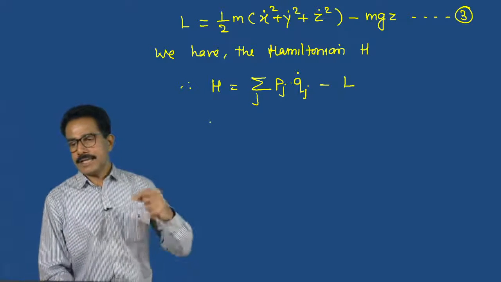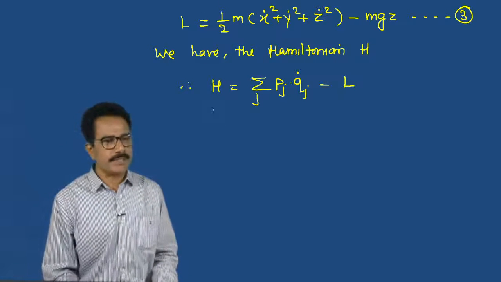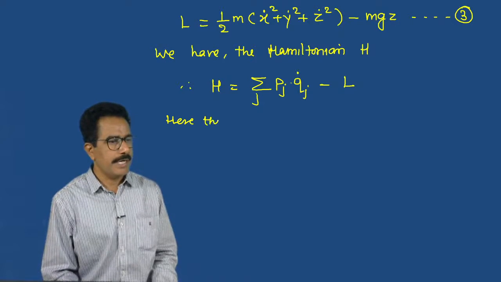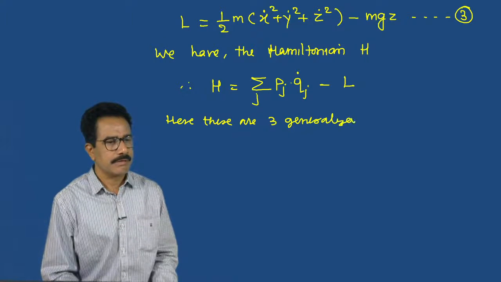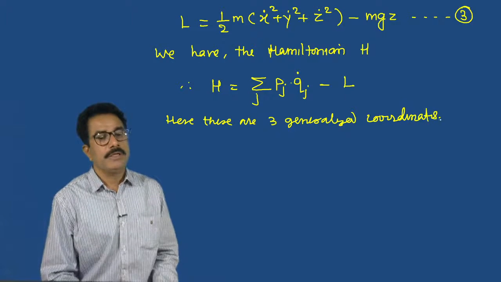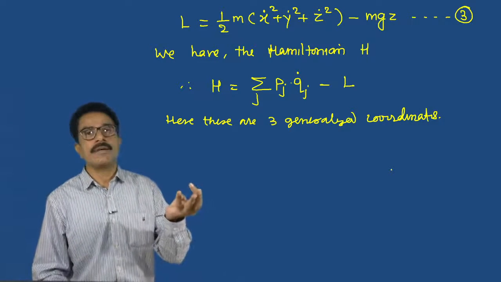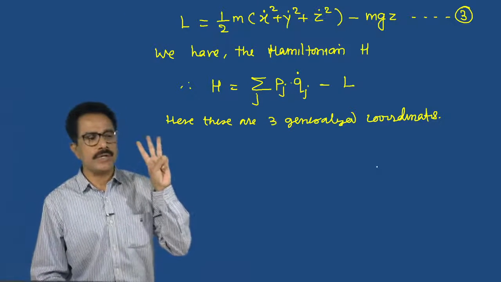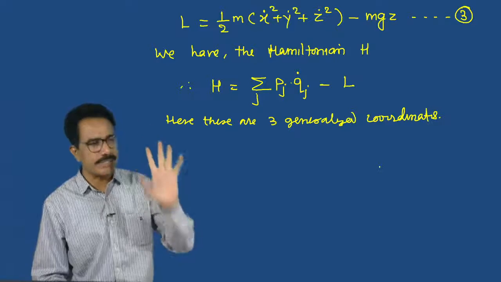Here, how many generalized coordinates are there, tell me students? Here there are 3 generalized coordinates, which are x, y, z. So there are also 3 generalized velocities x dot, y dot, z dot.